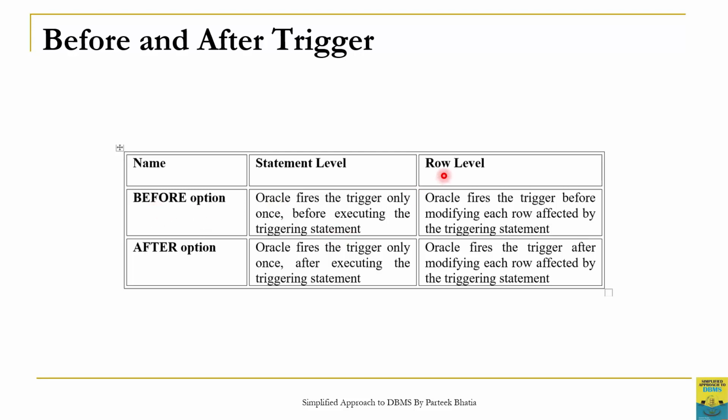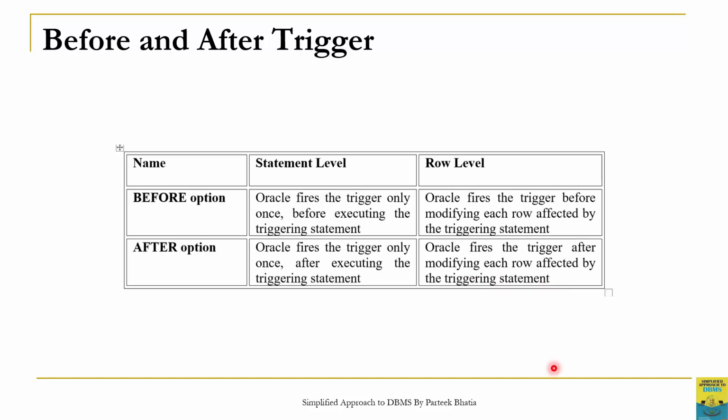In the case of a before row level trigger, Oracle fires the trigger before modifying each row affected by the triggering statement. In the case of an after statement level trigger, Oracle fires the trigger only once after executing the triggering statement. And in the case of an after row level trigger, Oracle fires the trigger after modifying each row affected by the triggering statement.